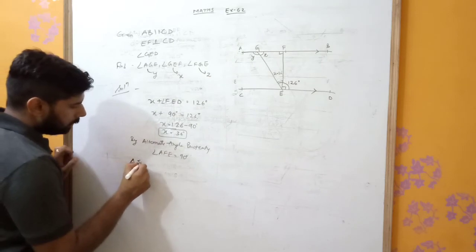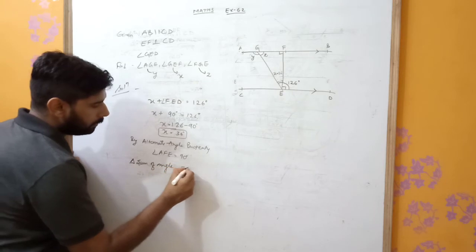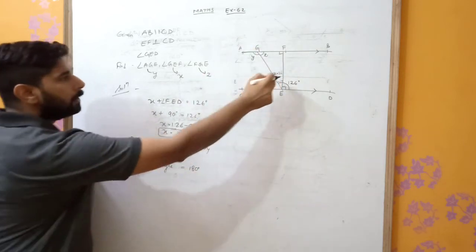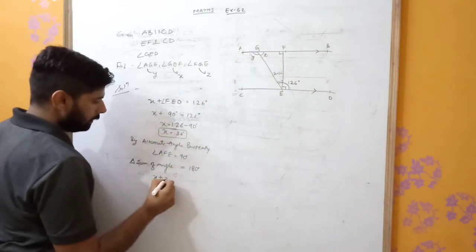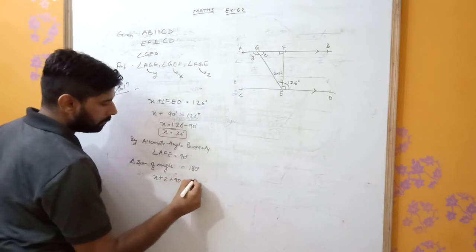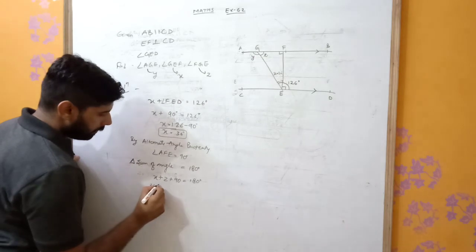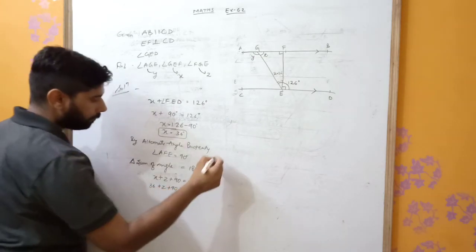Triangle sum of angles is equal to 180. What is the sum of the three angles of a triangle? 180 degrees. This one is X, this one is Z, plus this one is 90, equals 180. X's value is 36 plus Z plus 90 equals 180.